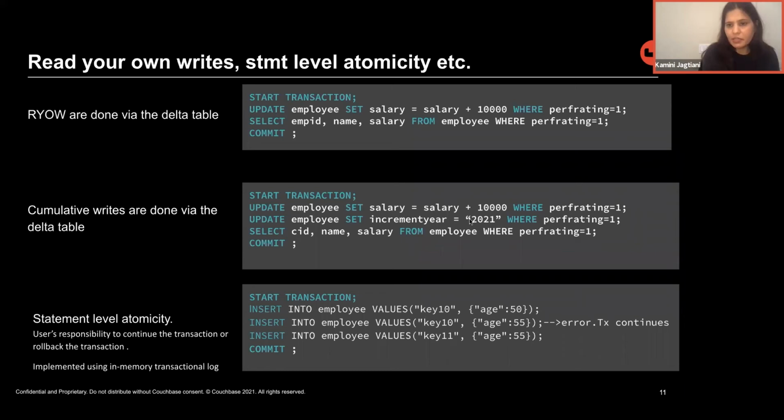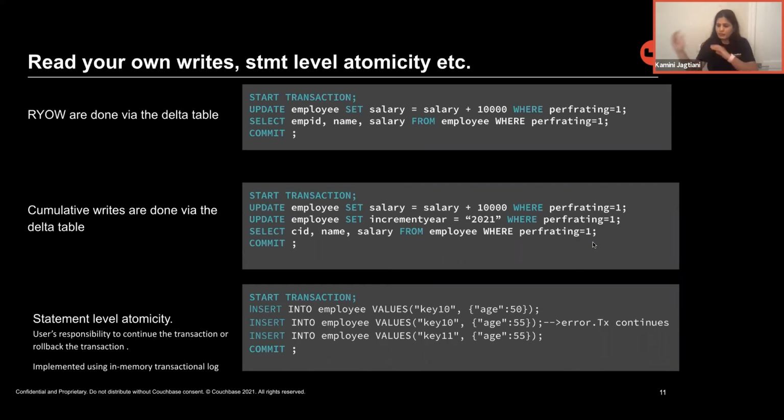When the second statement comes, it looks at the same where clause, finds the index, gets the meta IDs, finds all those meta IDs in its delta table, and re-updates all those documents. But this time it's modifying the field increment year and setting it to 2021, and again keeping it in the delta table itself. Then when the select comes, again it's with the same where clause.